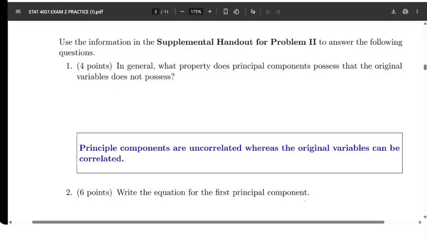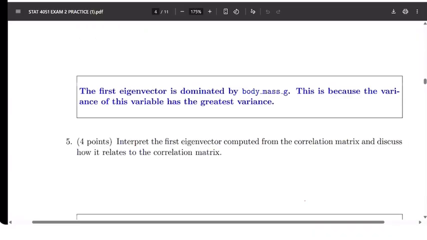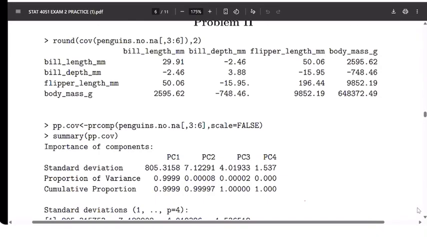Now let's go to the second question. Write the equation for the first principal component. Please pay attention. This is also being recorded, and I'm going to make sure I publish this recording before the end of today. If I want to do that, I'm going to go to the output provided, and I will go to the eigenvalues section.